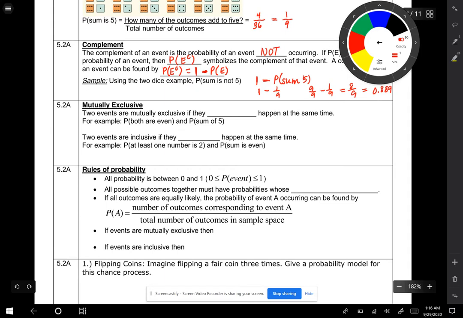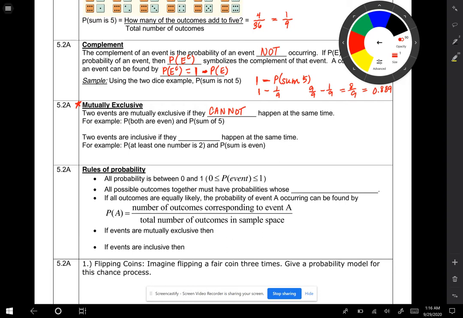All right, the next big one is mutually exclusive. So this is a really big one. Two events are mutually exclusive if they cannot happen at the same time. I'll give you a couple of examples. You cannot have the probability that both of the dice are even and the probability that the sum is 5.